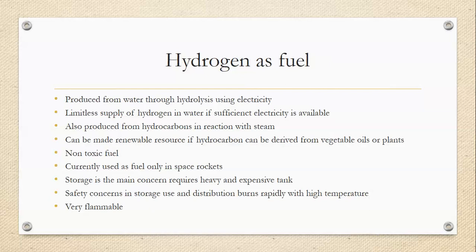This can also be made a renewable resource if hydrocarbons are derived from vegetable oils or plants. Hydrogen fuel is one of the non-toxic fuels. This fuel is currently used in space rockets, but the main concern is that fuel storage is very heavy and expensive. And also the main concern is safety in storage, use and distribution, since at high temperature, it burns rapidly.